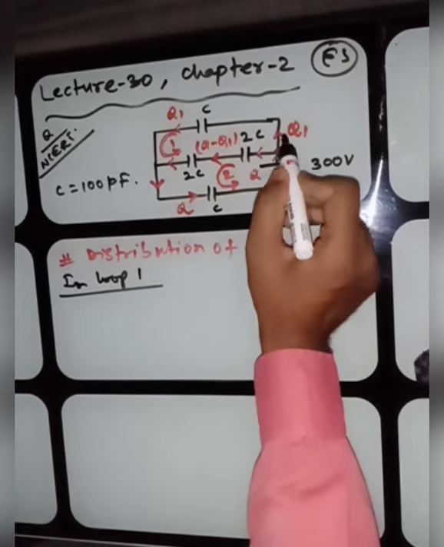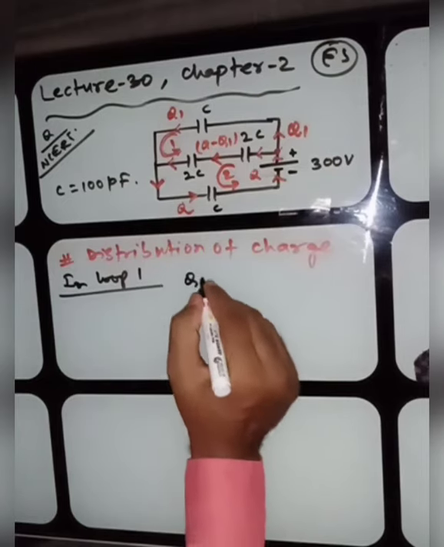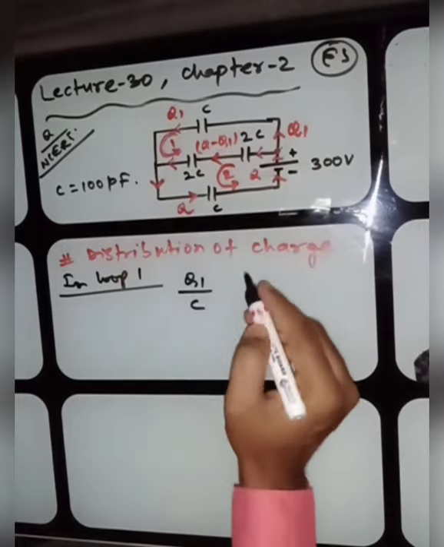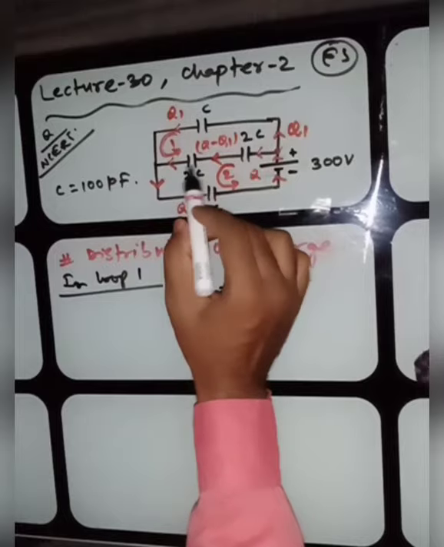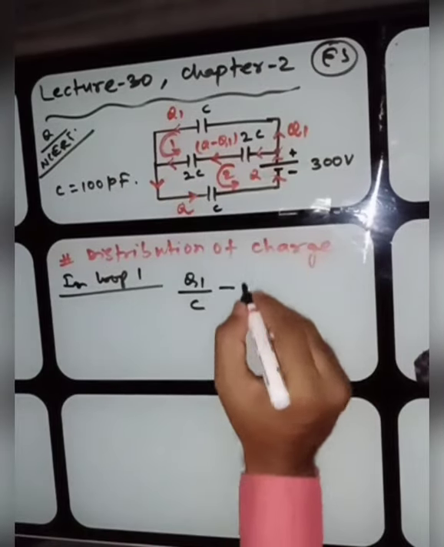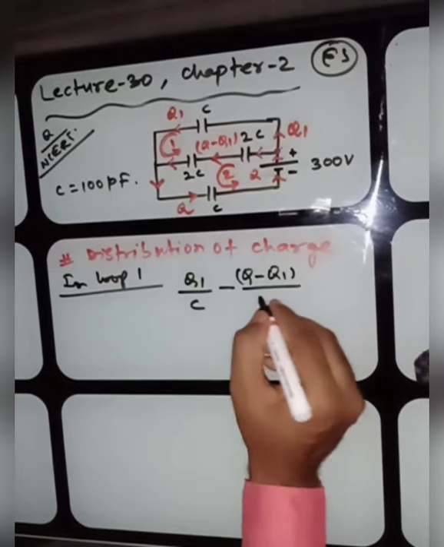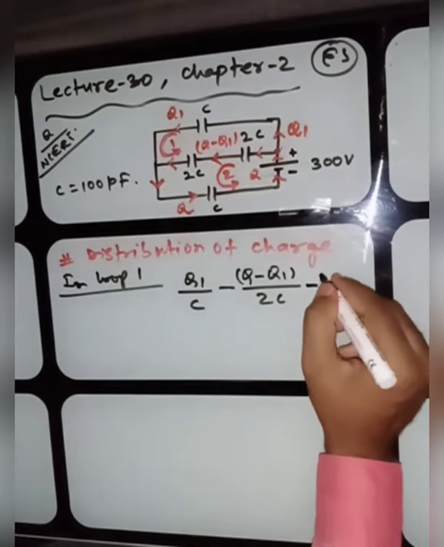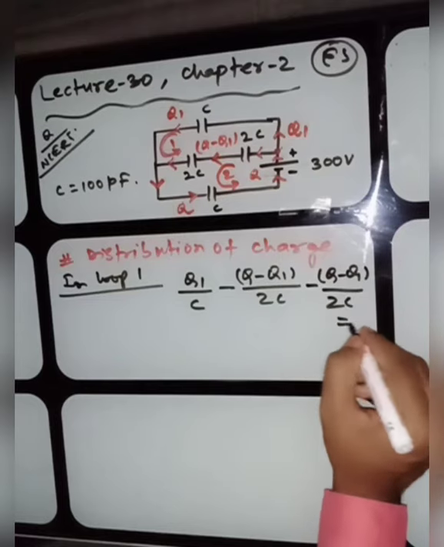From this point we are moving in the direction of charge, so the equation will be Q1 by C. Now look here, this will be minus, because we are going opposite to the flow of charge. Charge is coming from this direction and we are going in this direction, so it will be minus (Q minus Q1) divided by 2C. Now go to this one again, minus Q1 by 2C equals 0.